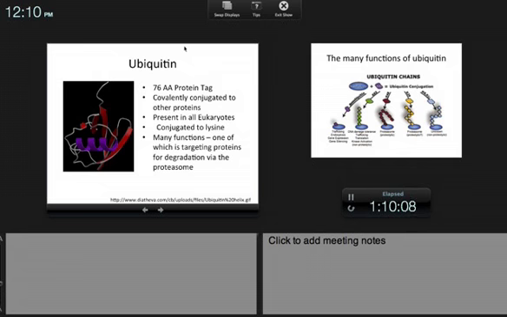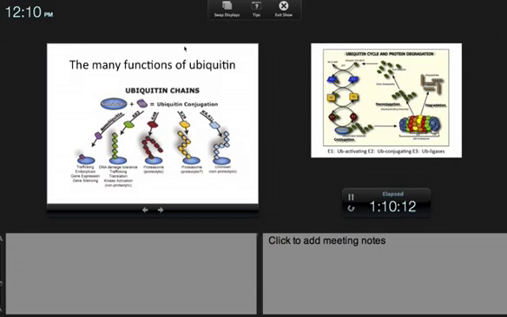So there are different kinds of ubiquitin chains that mean different things. The one that we are talking about in this case, that sends proteins to the proteasome to be degraded, is a lysine 48 linked polyubiquitin chain, but there are also lysine 63 linked polyubiquitin chains that are involved in activating signaling pathways.